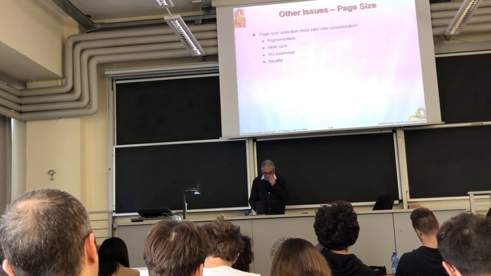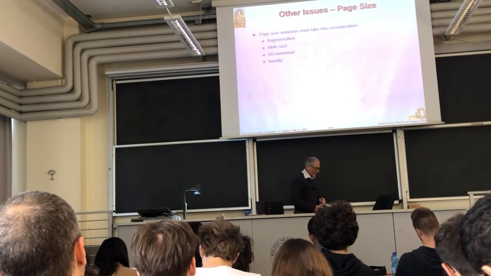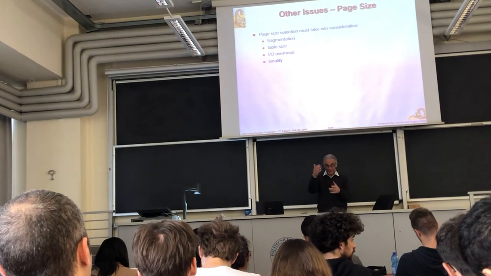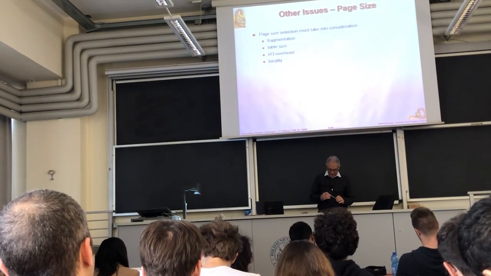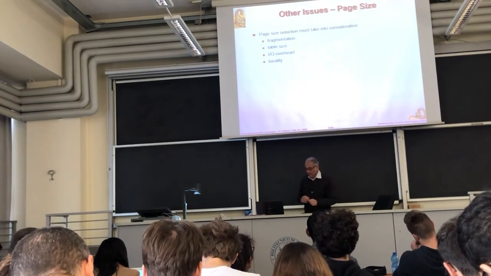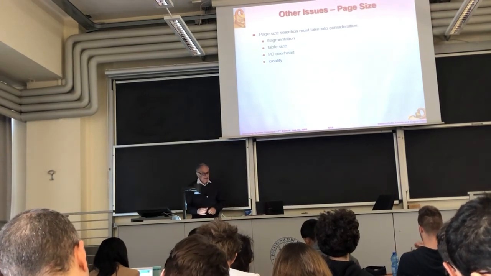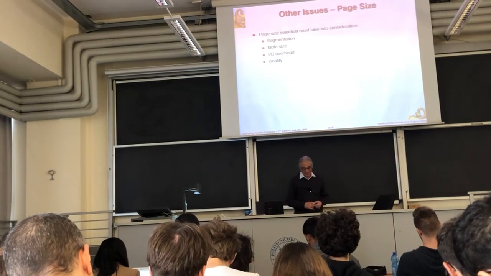Page size. Essentially, of course, small pages allow us to reduce the fragmentation in memory, because we know that the last page on average is half full. But what dominates the choice of the page size is the block size on disk.